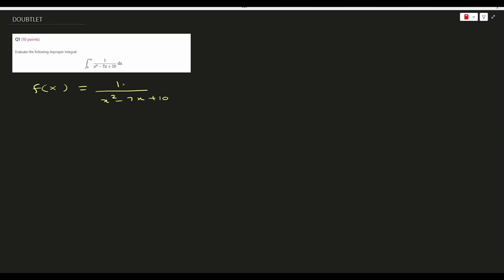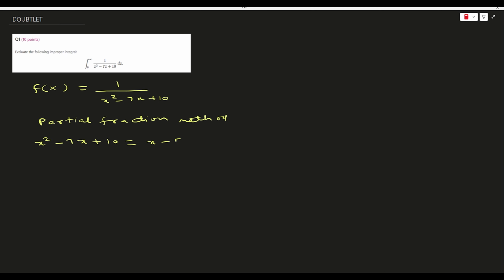Since the power of the numerator is 0 and the power of the denominator is 2, if the power of the numerator is less than the power of the denominator, then we will use the partial fraction method. So we will try to factorize this polynomial because this is a quadratic equation.